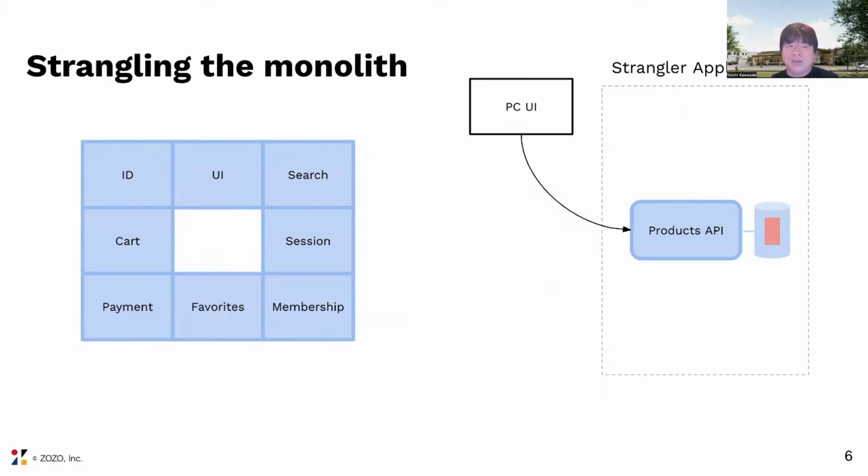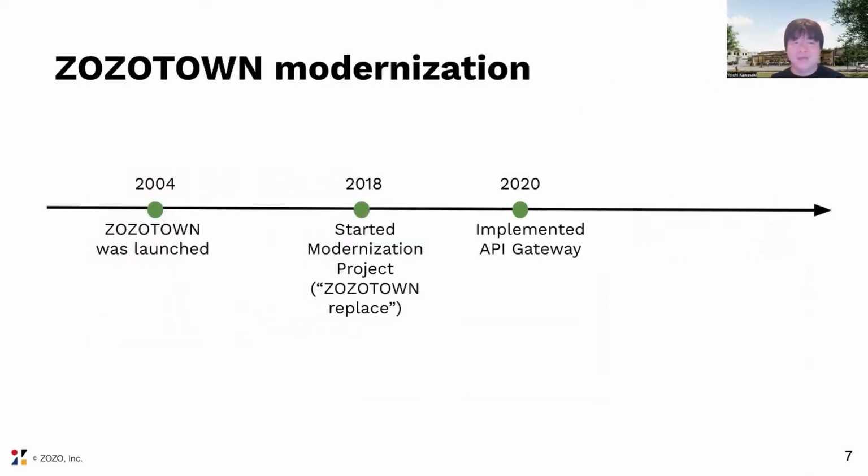That's what's called the strangler application pattern. The first strangler application was the production API, as we thought it was the most effective application to migrate. Then in 2020, to accelerate our migration, we implemented an API gateway in the Go language. We call it ZOZO API gateway.